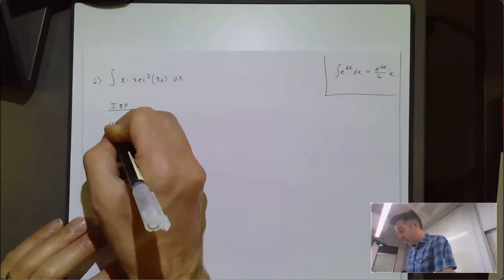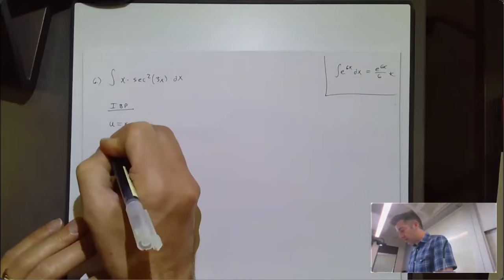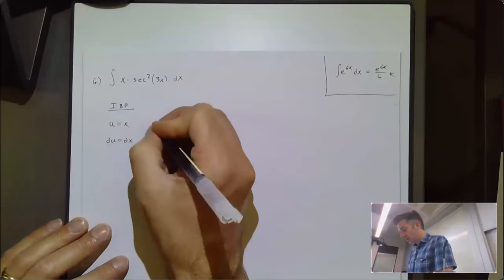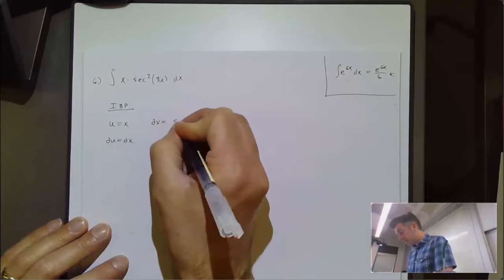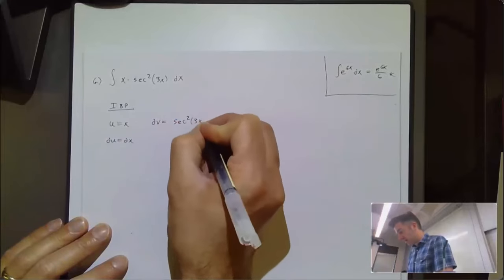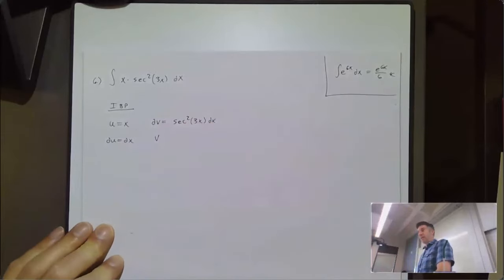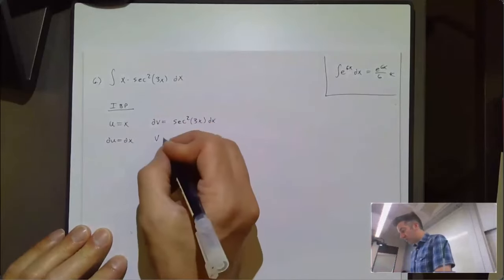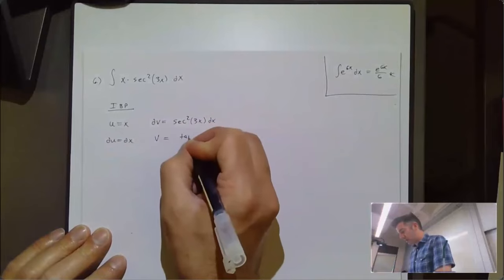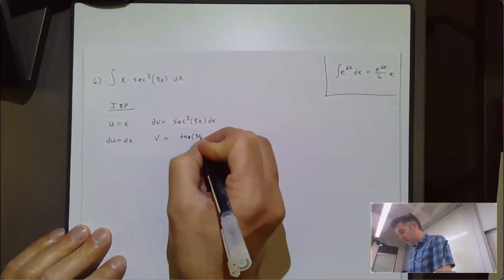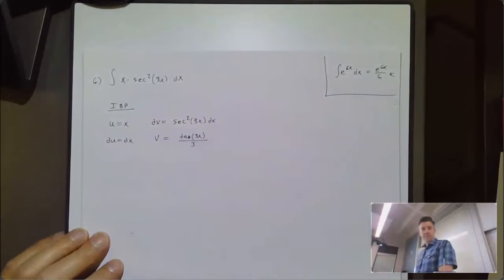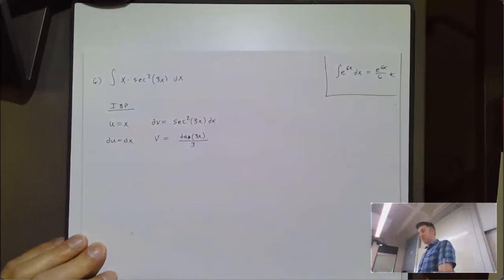So we're going to let u equal x, our du is going to be dx. Our dv is the rest, secant squared of 3x dx. And the antiderivative of secant squared of x is tangent of x. So the antiderivative of secant squared of 3x is tangent of 3x divided by 3. So that looks not bad, right?